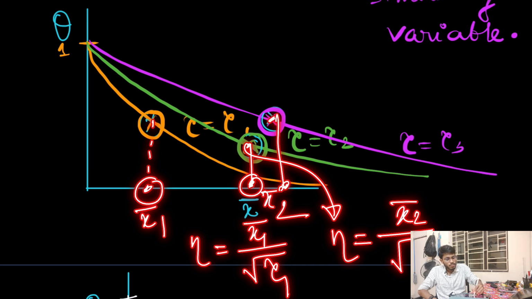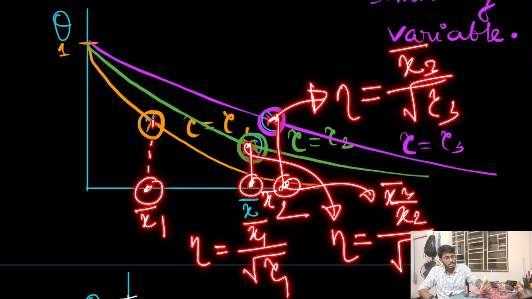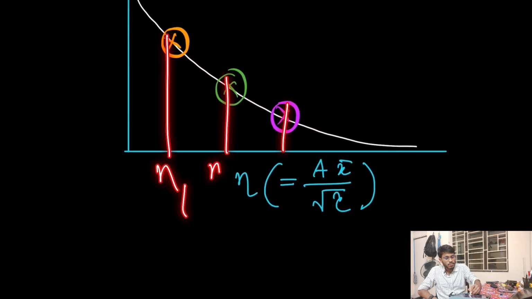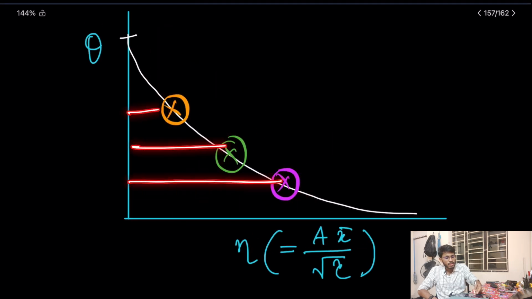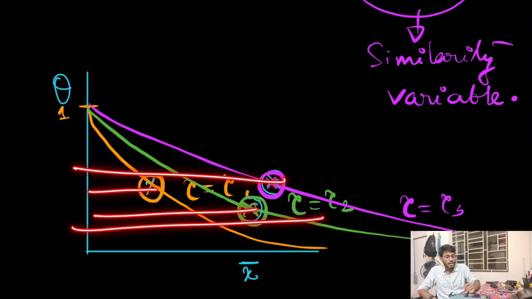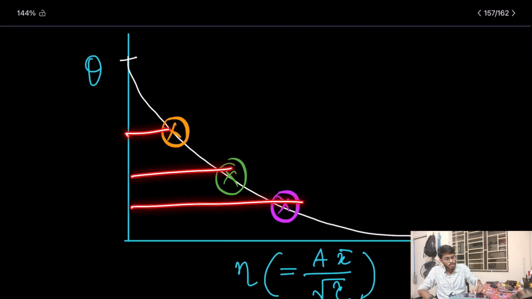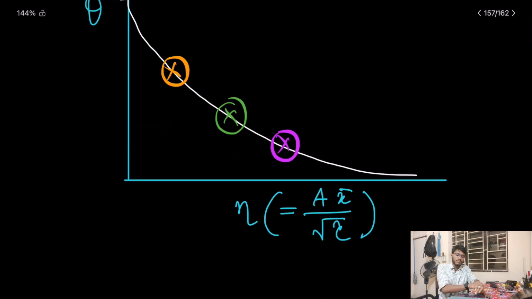For this one you maybe will have some x bar 3, and for this point eta will be equal to x bar 3 by root tau 3. So you will have three different eta, maybe this will be eta 1, eta 2, eta 3, and three different theta. So here also you will have three different theta. So these values of three different thetas will be same here also, and the eta 1, eta 2, eta 3 will adjust them accordingly. Clear?